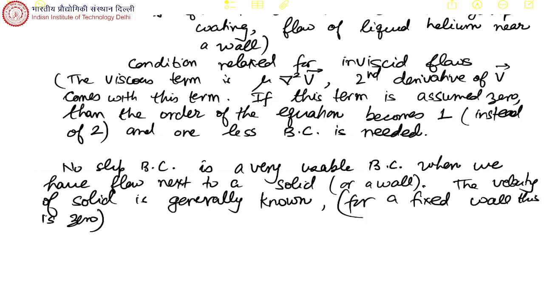The velocity at the wall is 0. So, because this velocity is known, it becomes a very usable boundary condition.